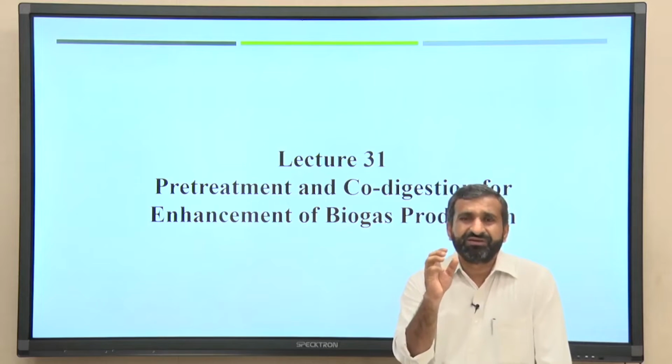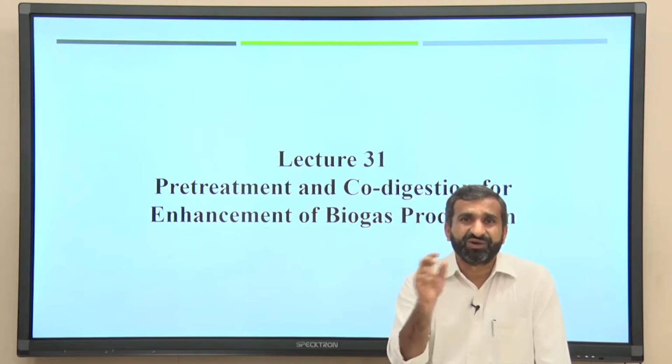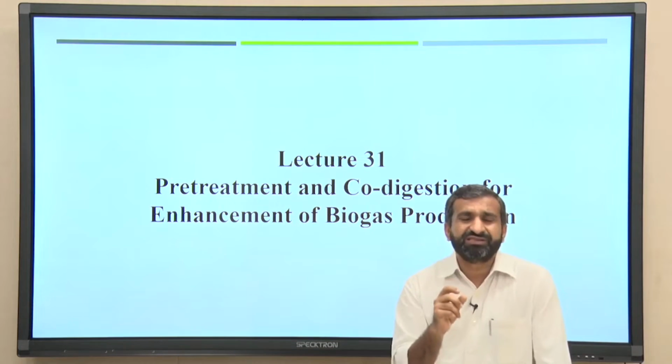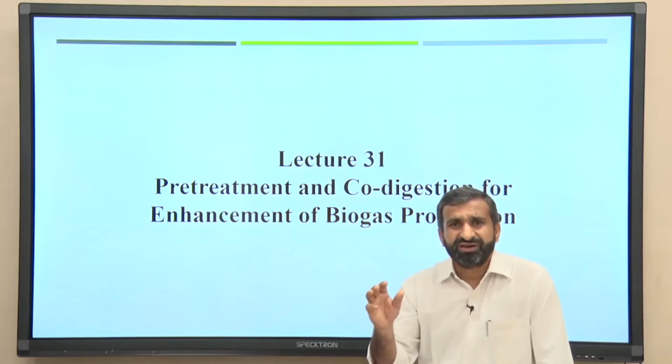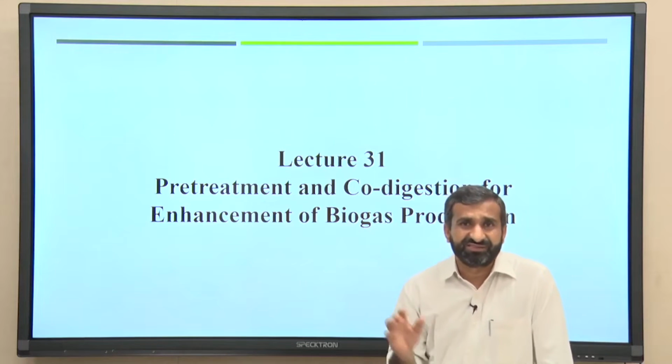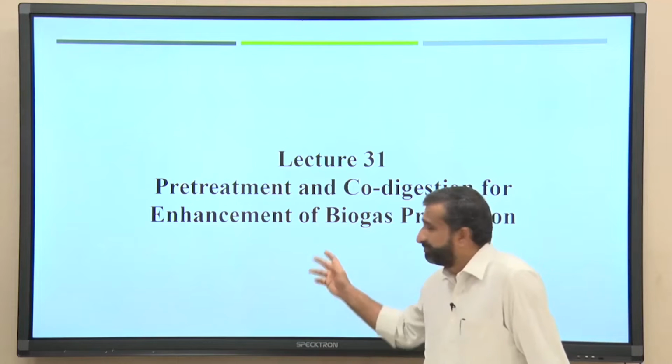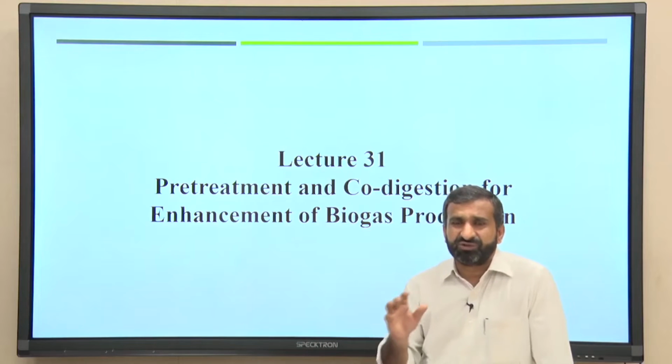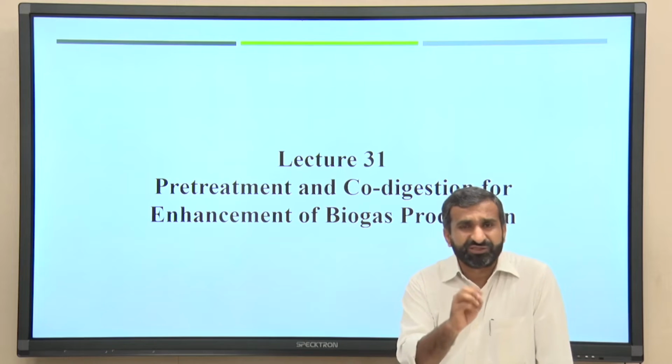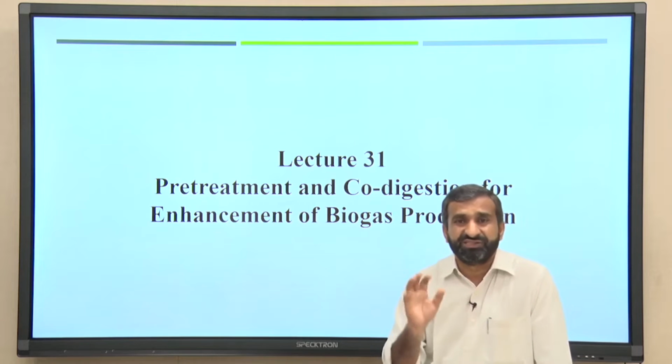The major stage is the hydrolysis process, which is the important one, because without hydrolysis it is very difficult to go to the acid phase or methane phase. So, in this lecture we will talk about the hydrolysis process, which is the rate limiting stage.